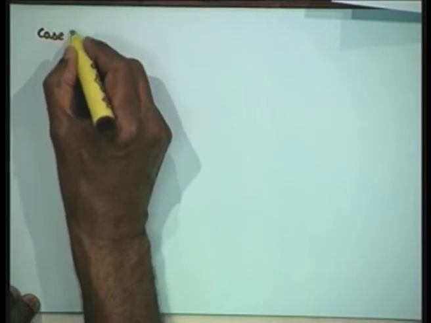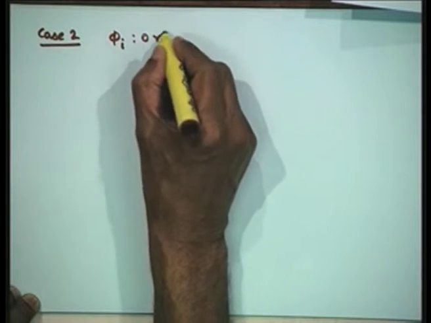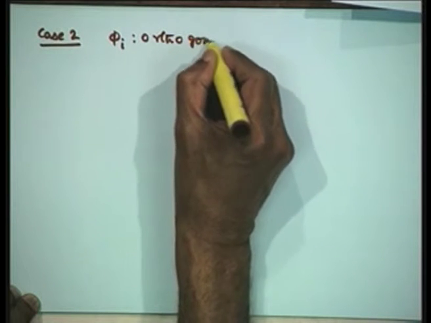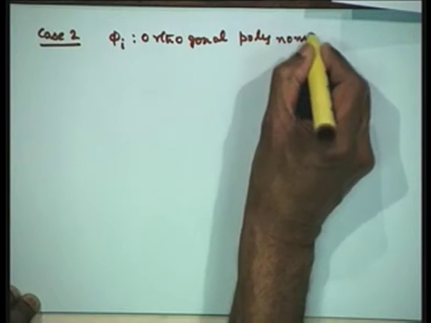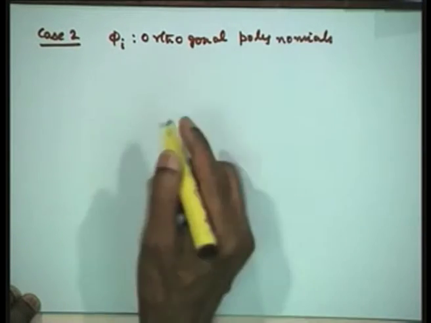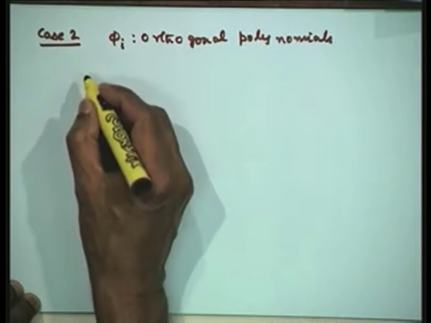Let us write down this: let phi i(x) be orthogonal polynomials. Now, what is the definition of an orthogonal polynomial?